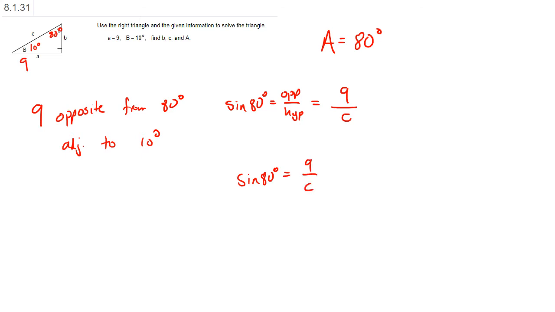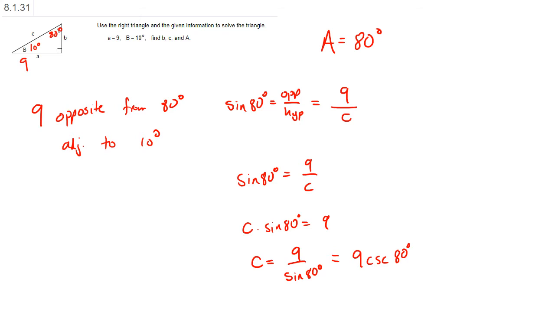If I cross multiply, we get c times the sine of 80 degrees is equal to 9. I can now divide by the sine of 80 degrees and say c is equal to 9 over the sine of 80 degrees. You could alternately call this 9 times the cosecant of 80 degrees, but honestly, it would be more common just to leave the sine in the denominator.